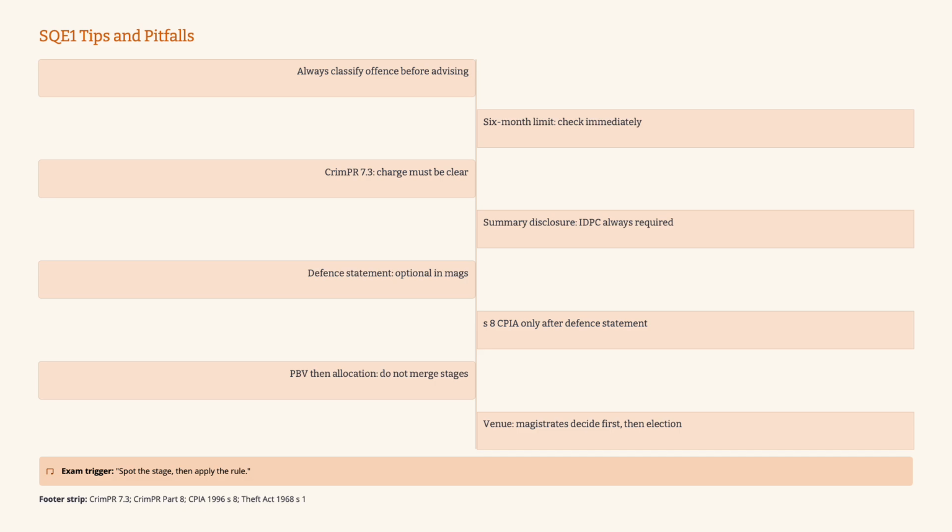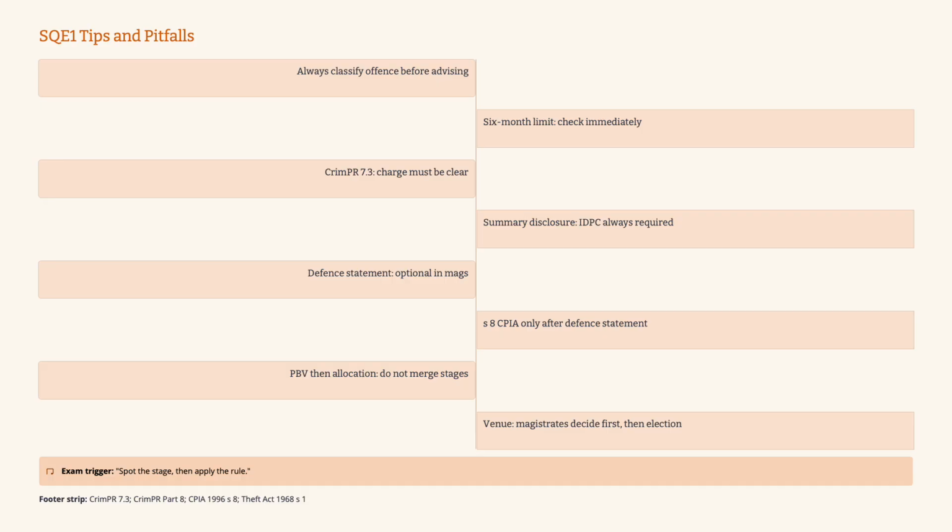Seventh, for either way offenses, don't merge the plea before venue and allocation stages.